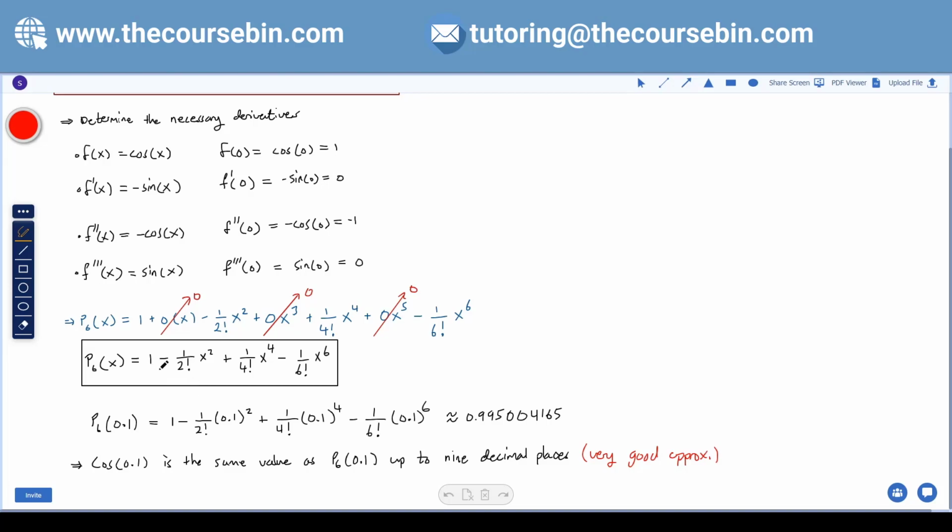I've tutored in mechanics of materials, and some of the stress formulas that you arrive at come from using these kinds of Taylor approximations. They typically use a first or second degree approximation, and then from there they're able to obtain a formula.